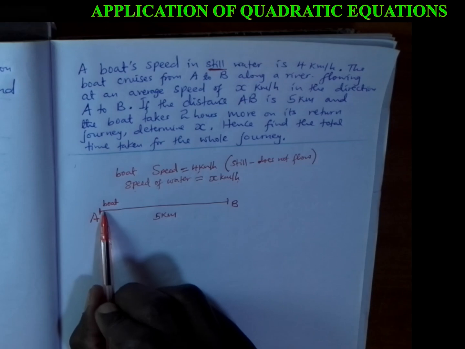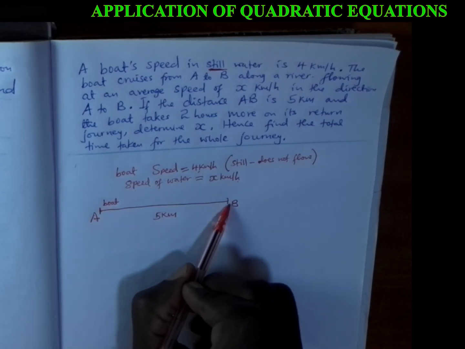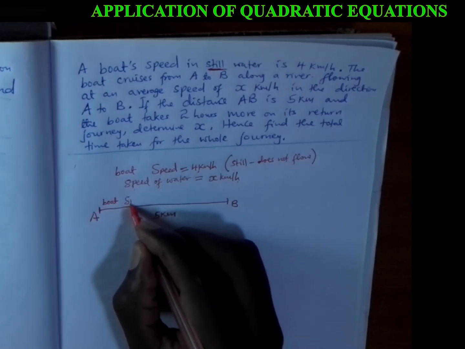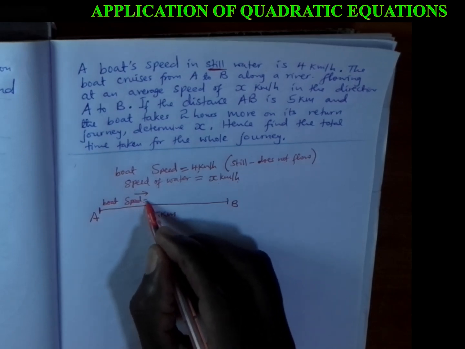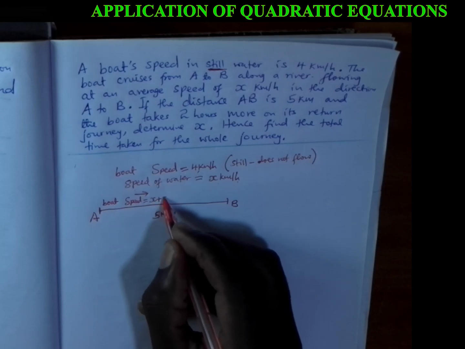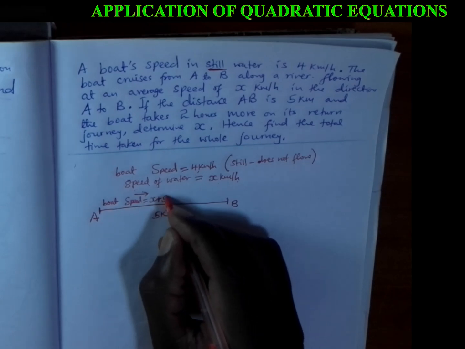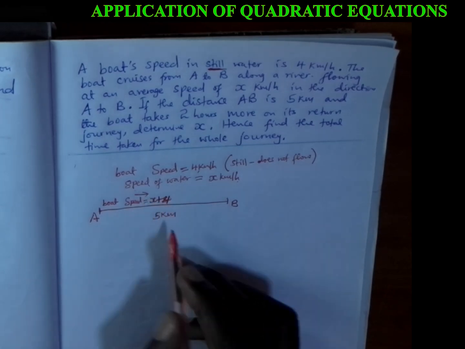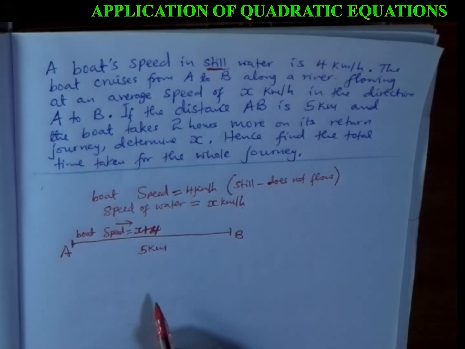That means as the boat moves from point A to B along the river, its speed in this direction will be x plus 4, because the movement of the water will make the boat move faster.